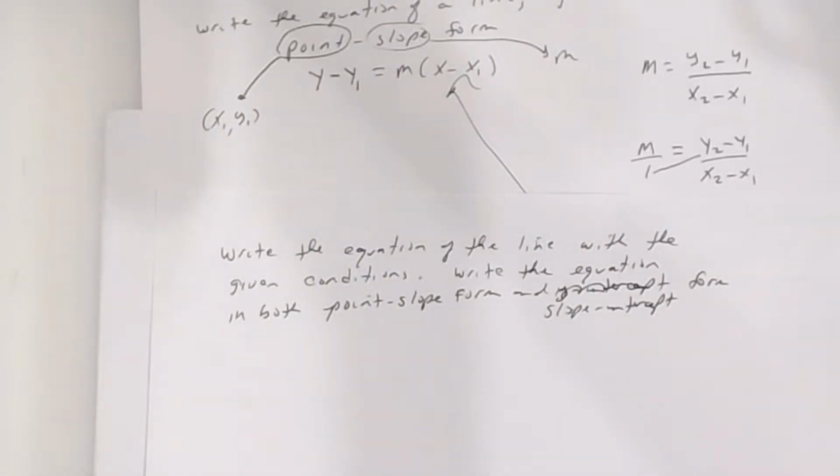So write the equation of the line with given conditions. I'll give you the conditions. And then you're going to write the equation and write your answers in 2 ways, point slope form and slope-intercept form.